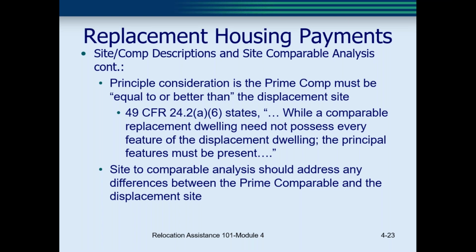The site to comparable analysis, which is also going to be in this memo, should always address any difference between the prime comparable and the displacement site. The analysis should also establish that the prime comparable meets the test of equal to or better.